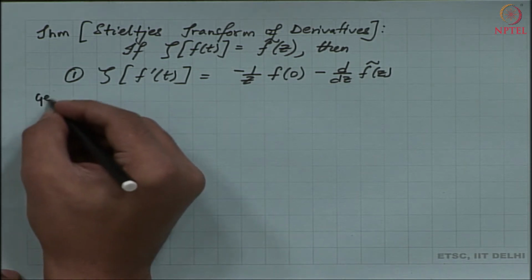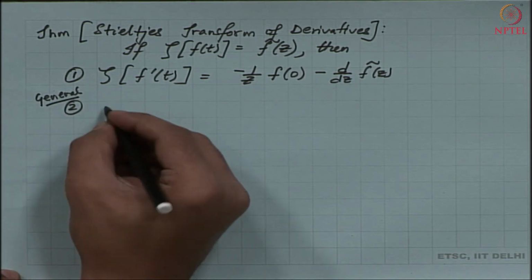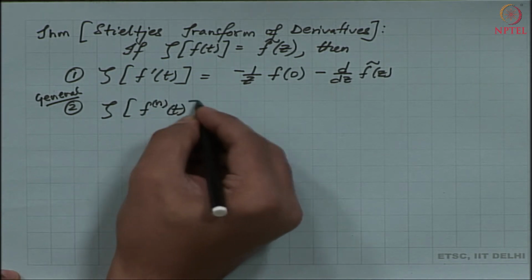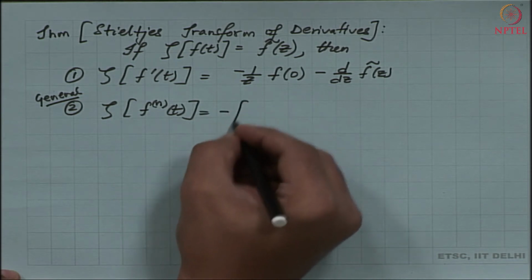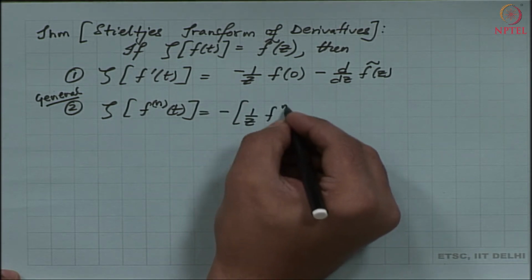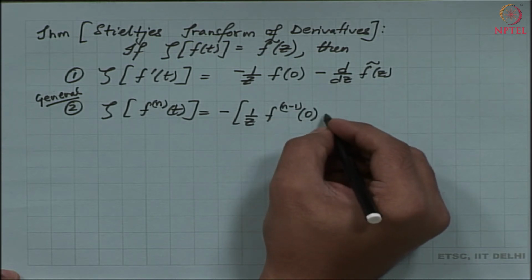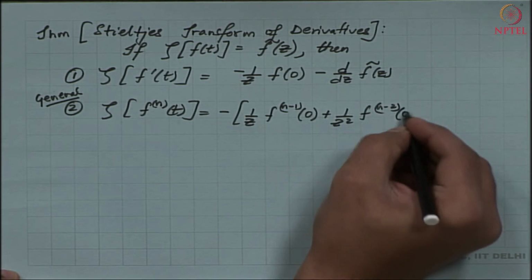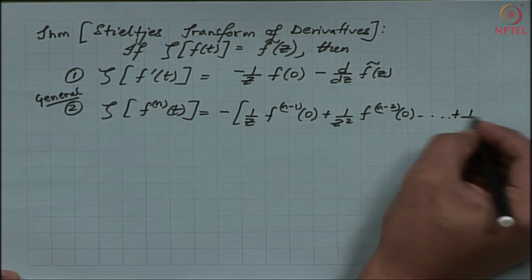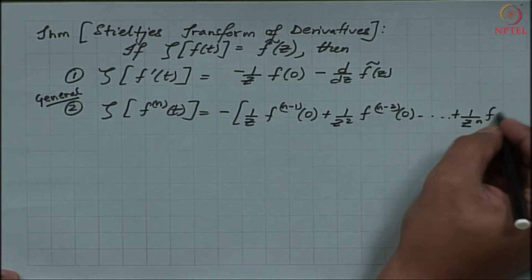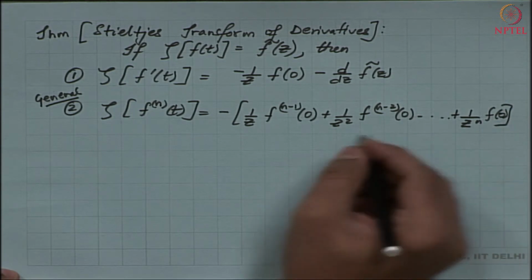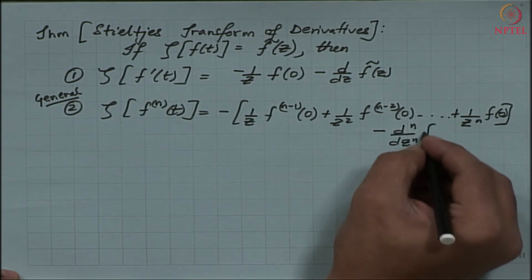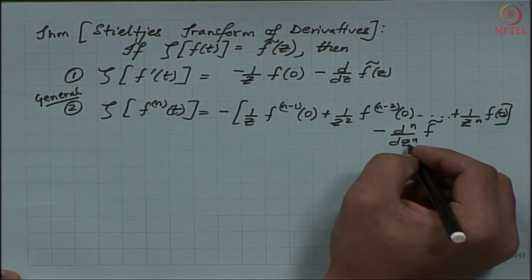So, the general result in this theorem says that the Stieltjes transform of the nth derivative of f of t is negative 1 by z times the (n minus 1)th derivative of f at 0, plus 1 by z square times the (n minus 2)th derivative of f at 0, and so on, plus 1 by z to the power n times f of 0, and the last term is the nth derivative of f tilde with respect to z, the argument variable.